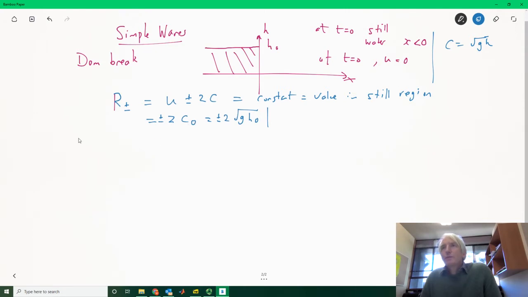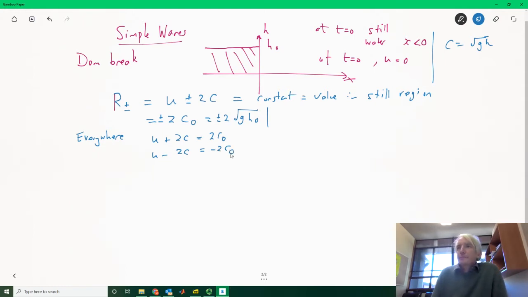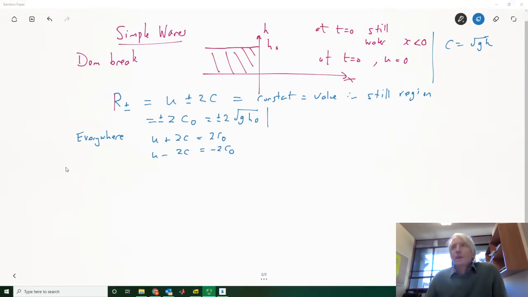Okay, so everywhere u plus 2c must equal 2c0, and u minus 2c must equal minus 2c0. So what does that tell us?